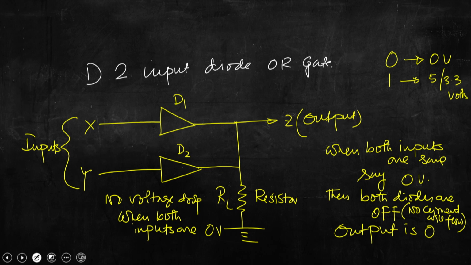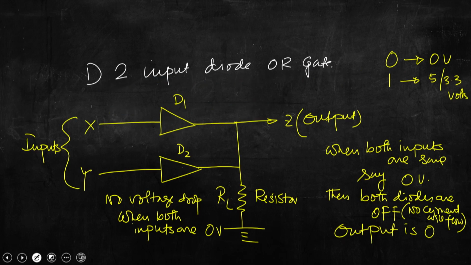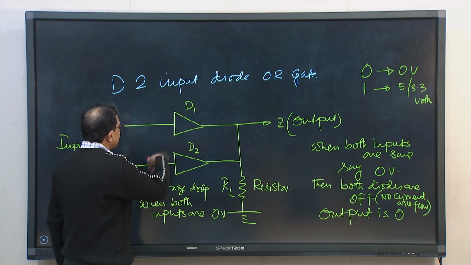Output will be 0, but when either of the inputs, such as X and Y, is equal to 5 volt, then the corresponding diode is on. If X is 5 volt, then D1 will be in active mode; if Y is 5 volt, then D2 will be in active mode; and if both are 5 volt, then both diodes will be in active mode.